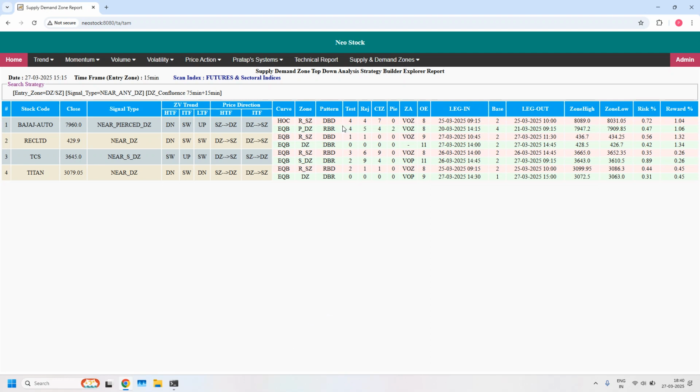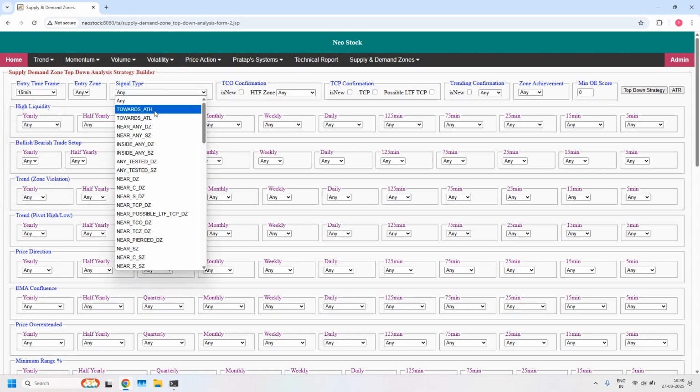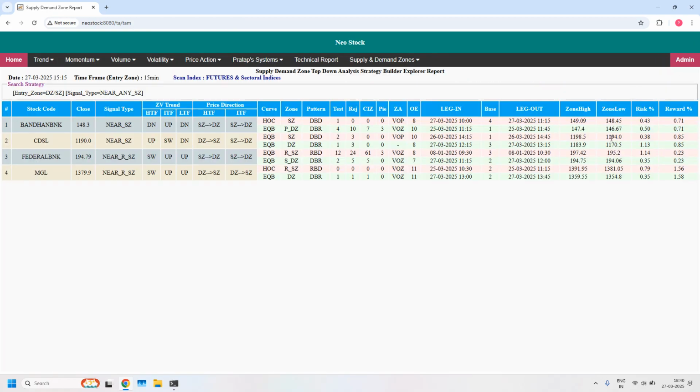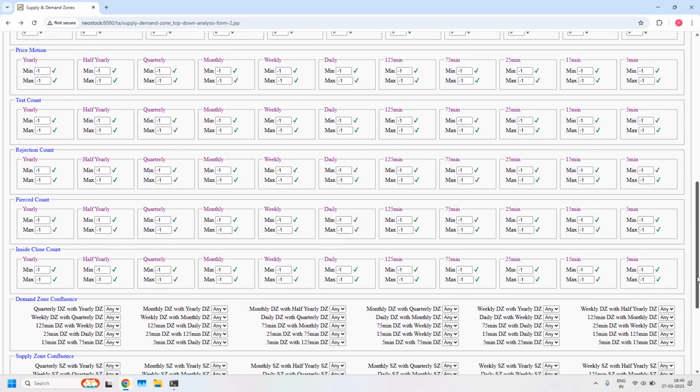Okay, next 15 minutes time frame, stocks near 15 minutes supply zone. We got 4 stocks. Let's verify out of these 4 how many are having ITF supply zone confluence. Sorry, ITF supply zone confluence.